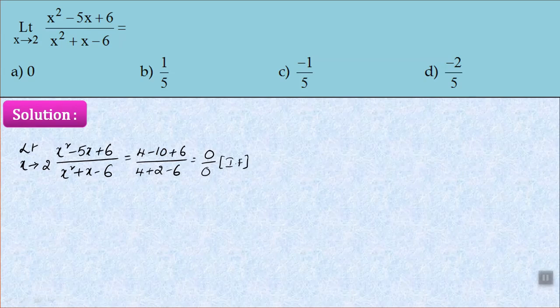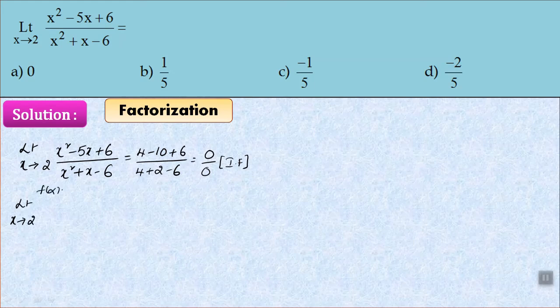So here we proceed the method of factorization for solving this. Limit x tends to 2. We know that f of alpha is equal to 0, then x minus alpha is one of the factors. So here numerator and denominator x minus 2 is one of the factors.